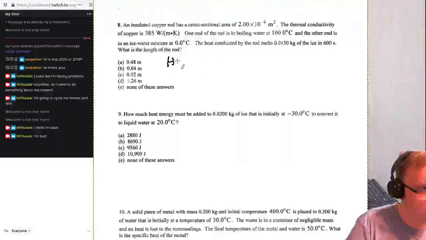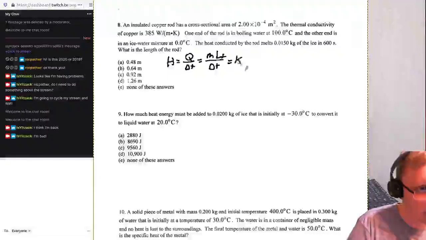So H is equal to heat moved in a certain amount of time, which in this case is equal to the mass of ice melted times its latent heat of fusion divided by the time taken to do so.